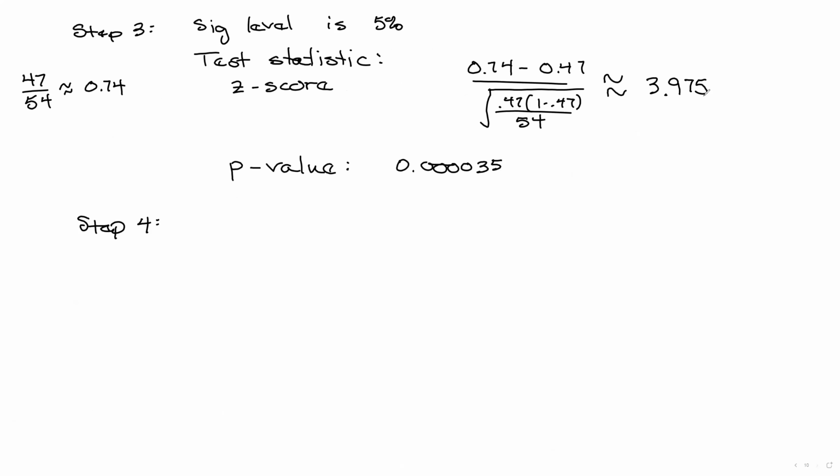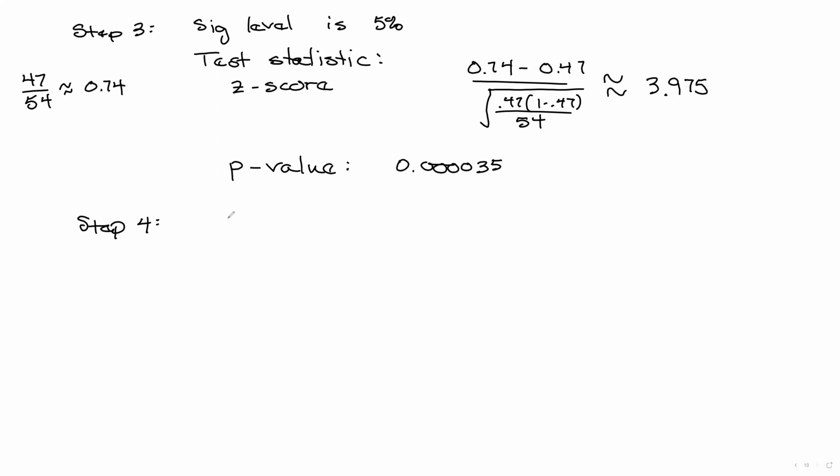That's a 3.975 standard deviation event. The probability is microscopic. If you expected 47% of the political scientists to vote and 74% did, that's going to be a really unlikely thing to happen. Assuming you picked randomly, you got really bad luck.